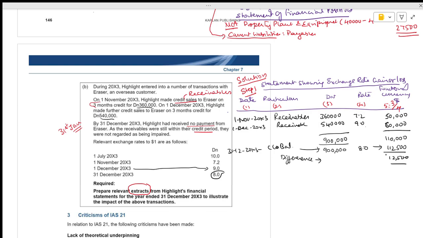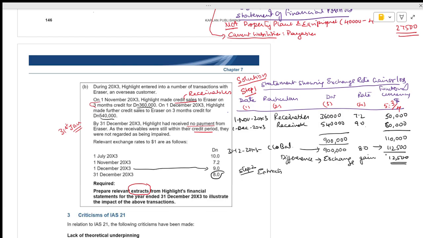You are going to receive more. This is called an exchange gain. How much is the exchange gain? 12,500.